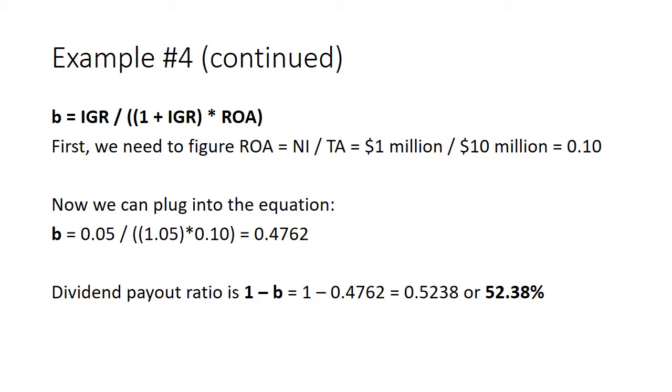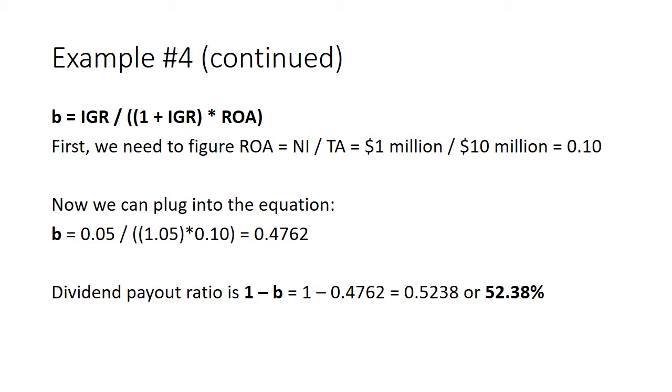So let's do this. We've got our IGR 0.05, which is 5%, divided by 1 plus IGR, which is 1.05, times 0.10, which is the ROA we just calculated. And when we do all that math, we can see that the plowback ratio, or B, is 0.4762.